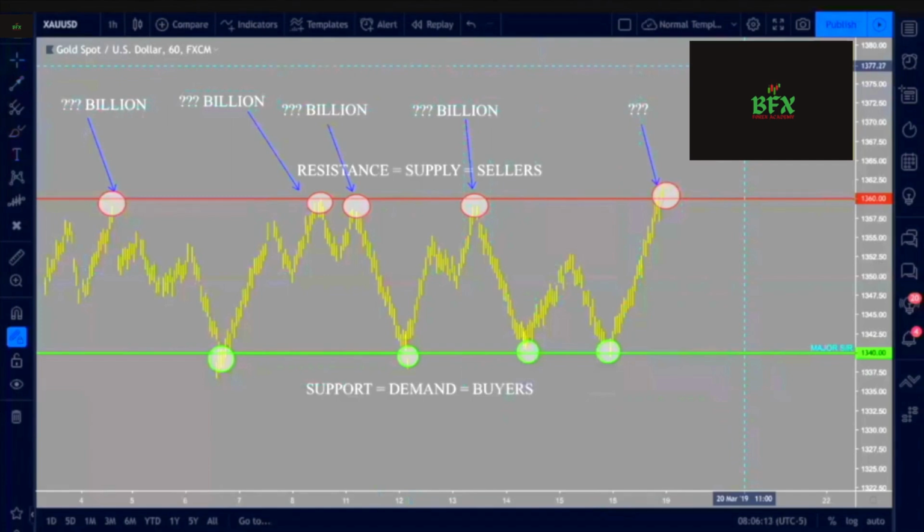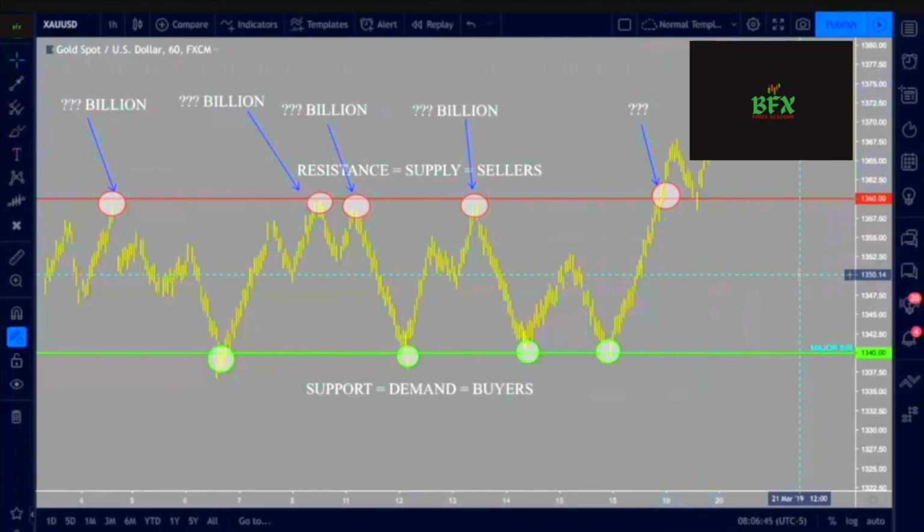Each time we visit this level, it becomes more and more likely that all of the orders have been filled. It becomes more and more likely that there are no more sell orders remaining. It becomes more and more likely that this level will break and price will continue on as if it didn't even exist. Why? Because all the orders have already been completed.